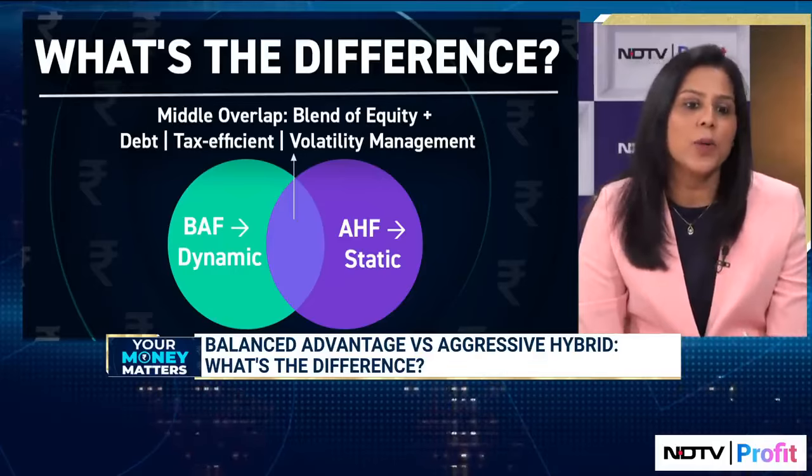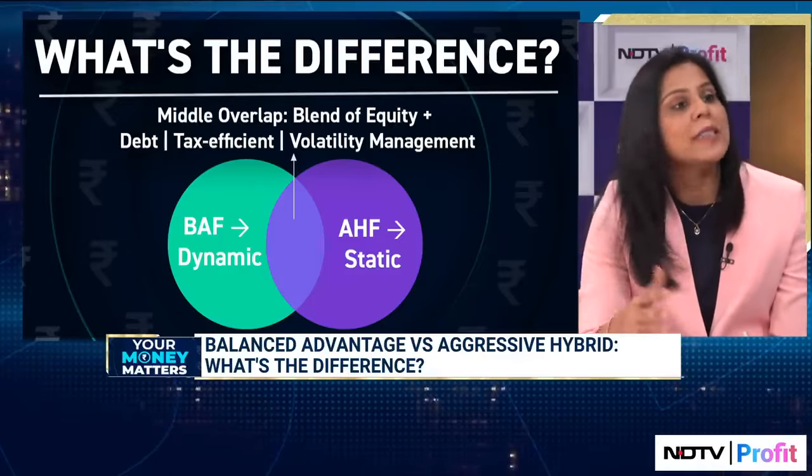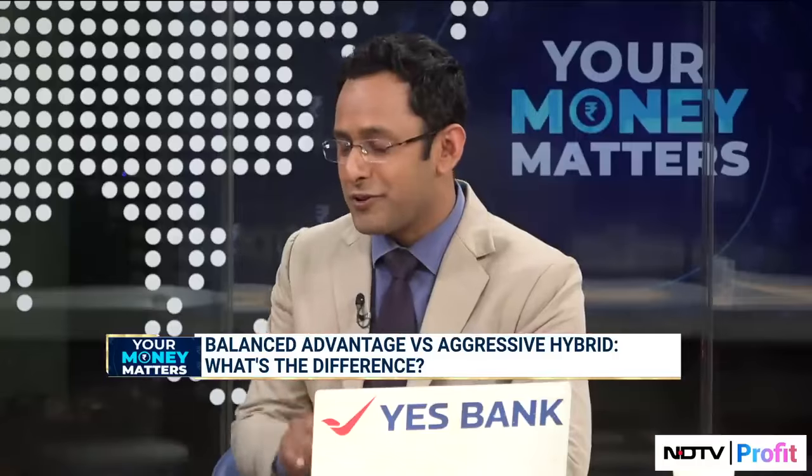Having said that, it is also important to understand that while they appear similar, the way both these funds are managed could be very different, and it is important for every investor to know where he or she is getting into. And that is the purpose of this conversation.